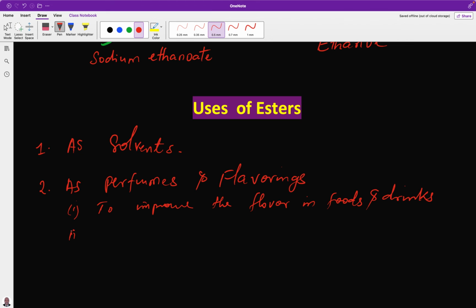And number two, esters as perfume. Perfume industries will use esters to manufacture many perfumes. An example of it is benzyl ethanoate, for perfume industries.